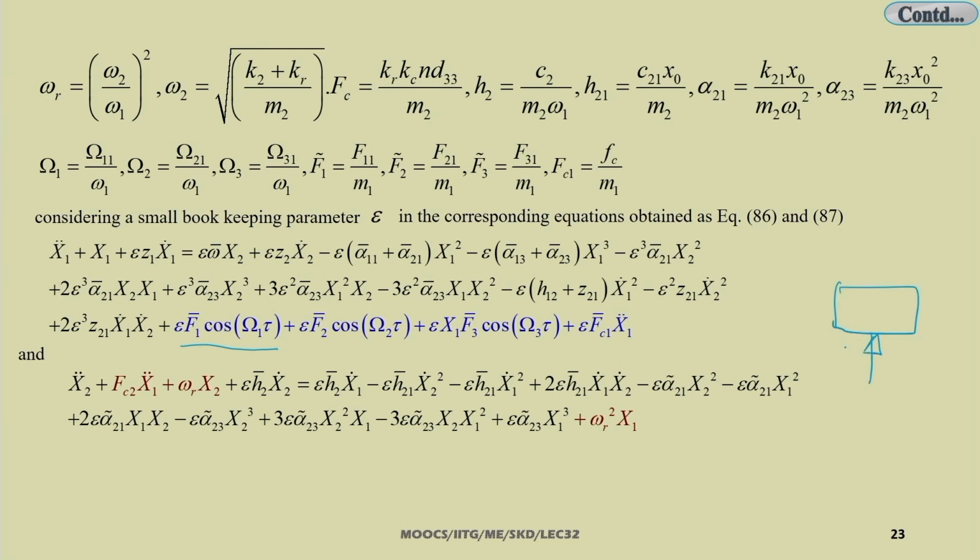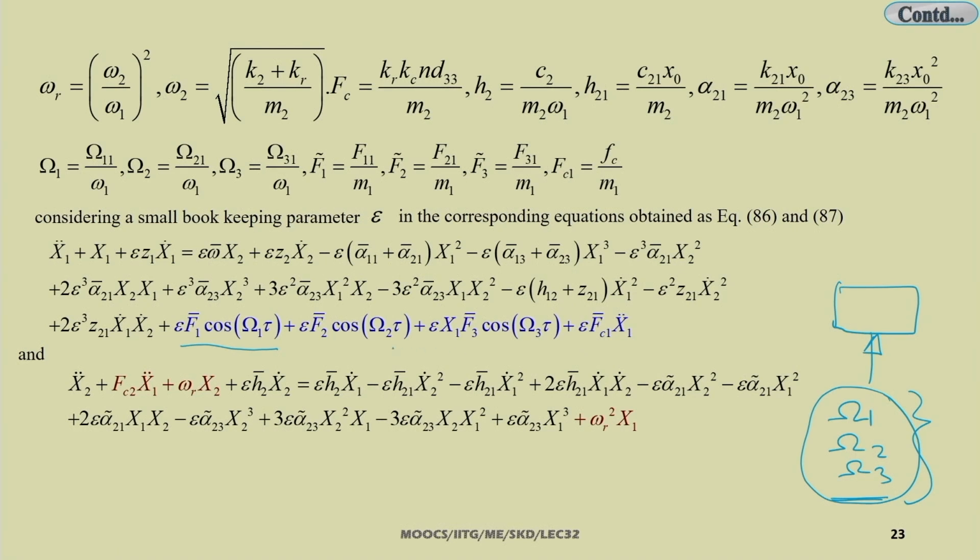If there are multiple force components, you just see this is omega 1, omega 2, omega 3. So there are 3 frequency components, a multi-frequency excitation. They can be independent, or they can depend on each other. It depends on the user how to set this parameter, or on the application where we are taking multiple forcing terms acting with different frequencies.